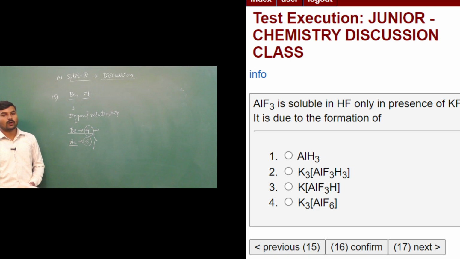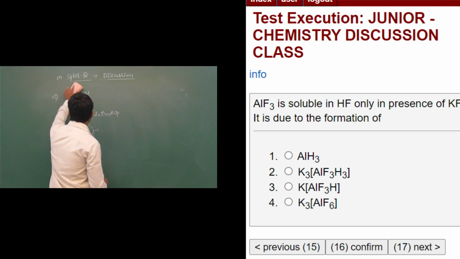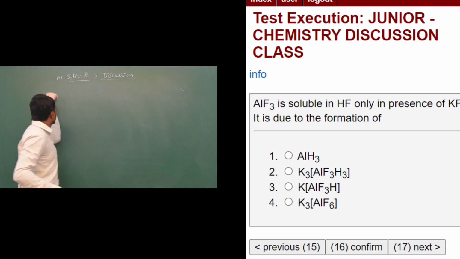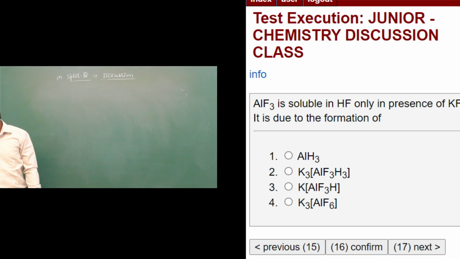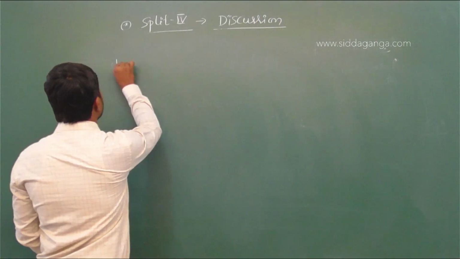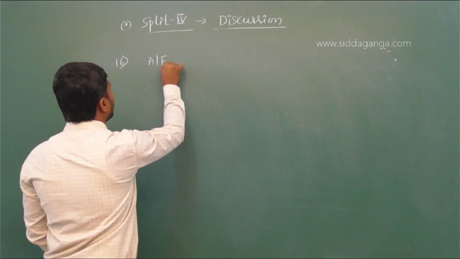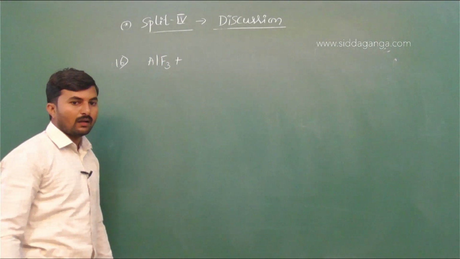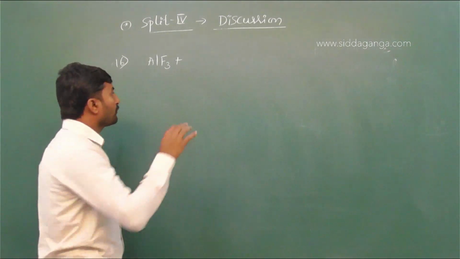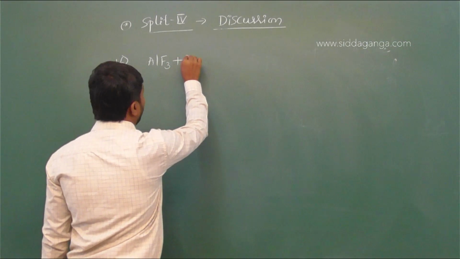It is due to the formation of... So aluminium trifluoride, question number 16. Aluminium trifluoride takes the help of potassium fluoride to dissociate in presence of HF.